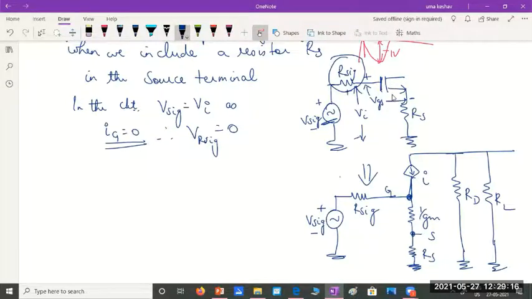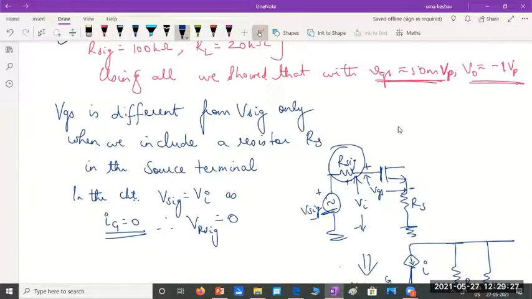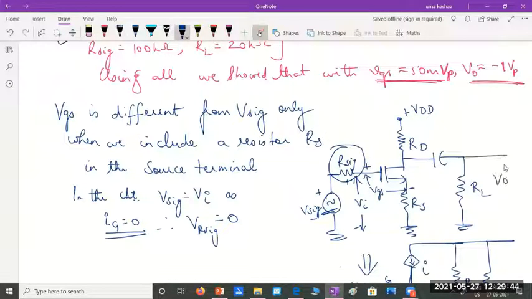He has included RD and RL. So if I want to show this, let me just remove this. How does the circuit look? Here, the common source amplifier will have a drain resistance and it will have a load resistance RL, across which the output voltage V0 will be measured.